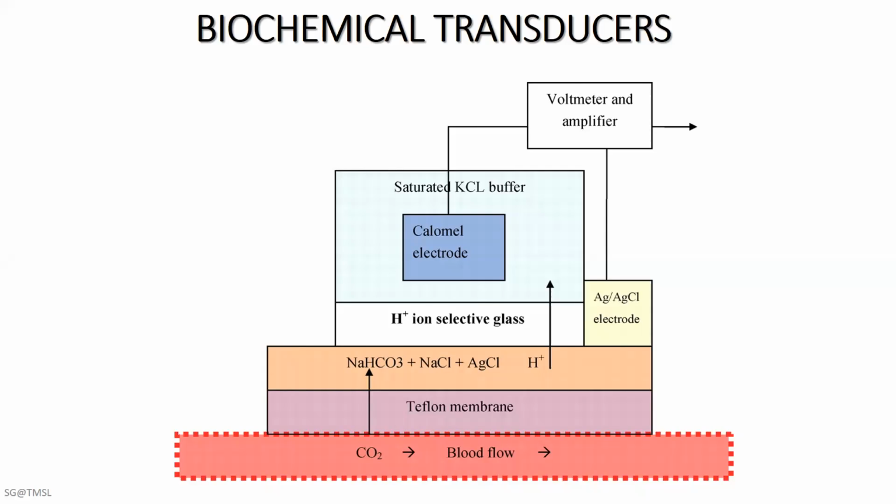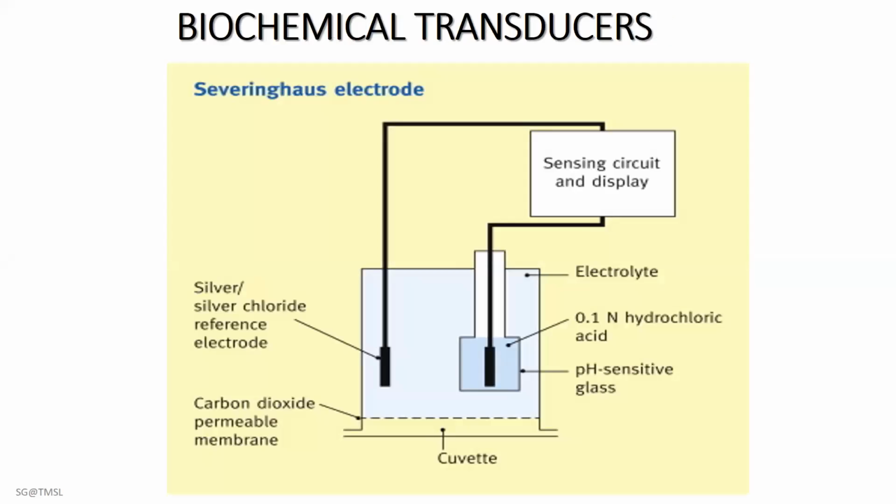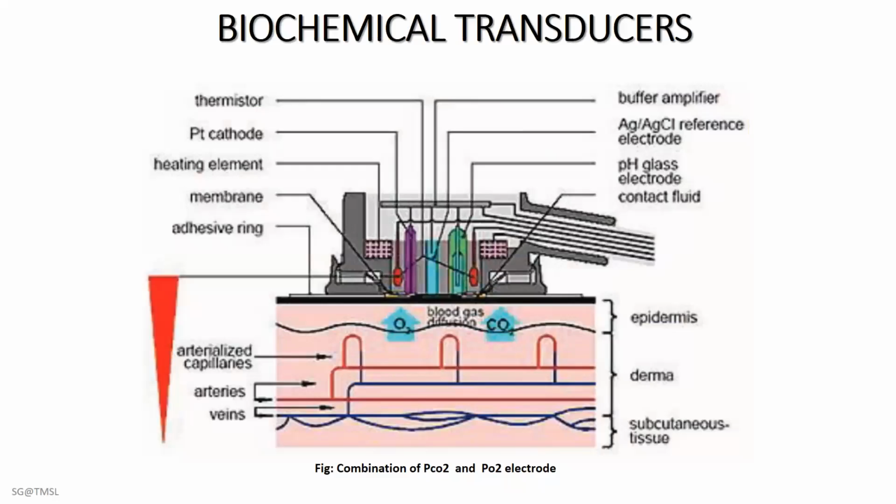The principal advantage of the Severinghaus type of electrode is the more rapid reading that can be obtained because of the improved membrane and bicarbonate layer. Here is the combination of two electrodes, PO2 and PCO2.